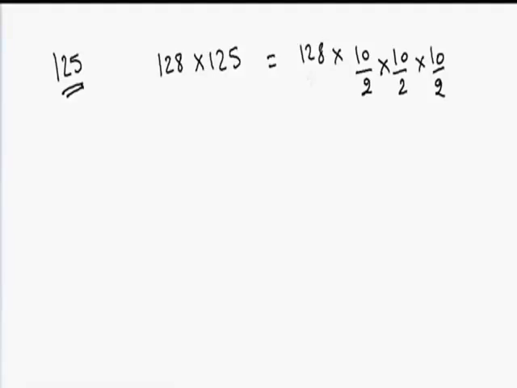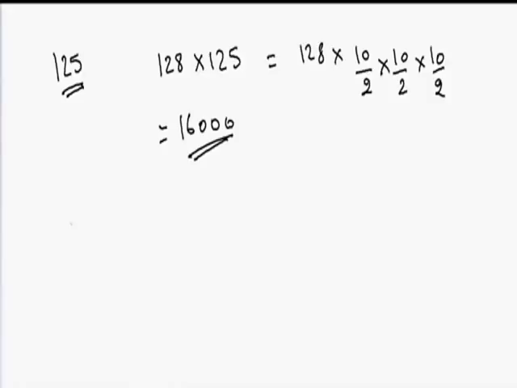If we divide 128 by 2, that is 64, and half of 64 is 32, and half of 32 is 16. So the answer will be equal to 1600 and one more 0. This trick may not be very convenient a lot of times, because dividing something by 8 is not very easy sometimes, but it could be handy at certain times.